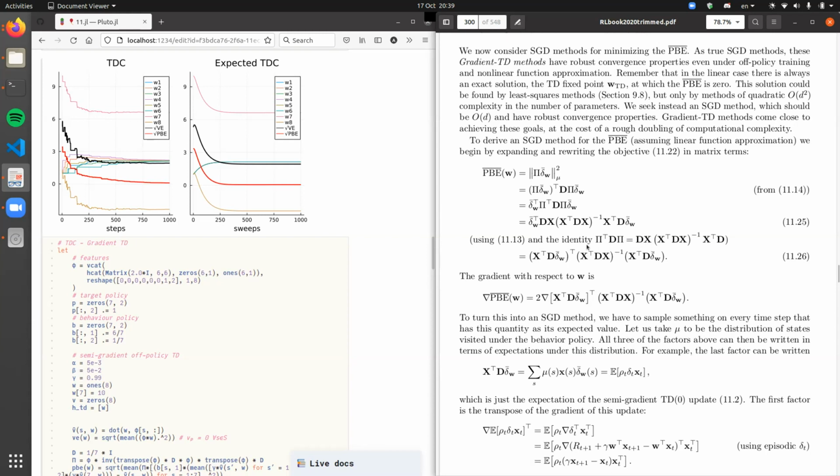We have three components here: this one and this one are the same, but here it is transposed, and this one is just the expectation of squared x, right?